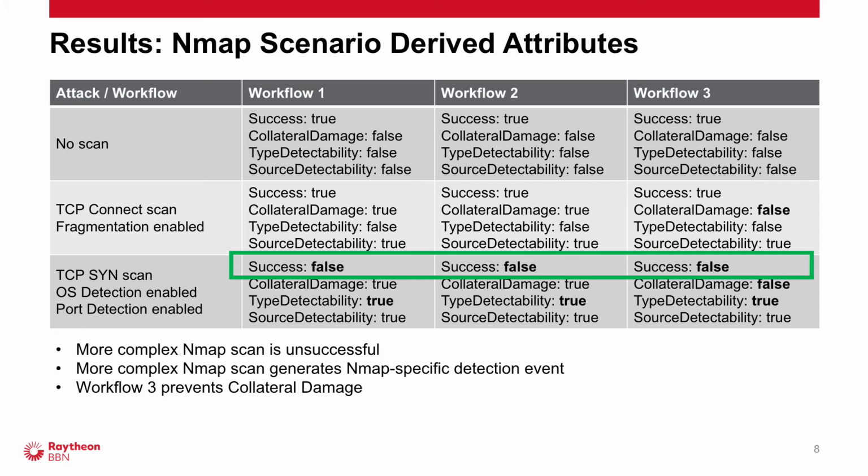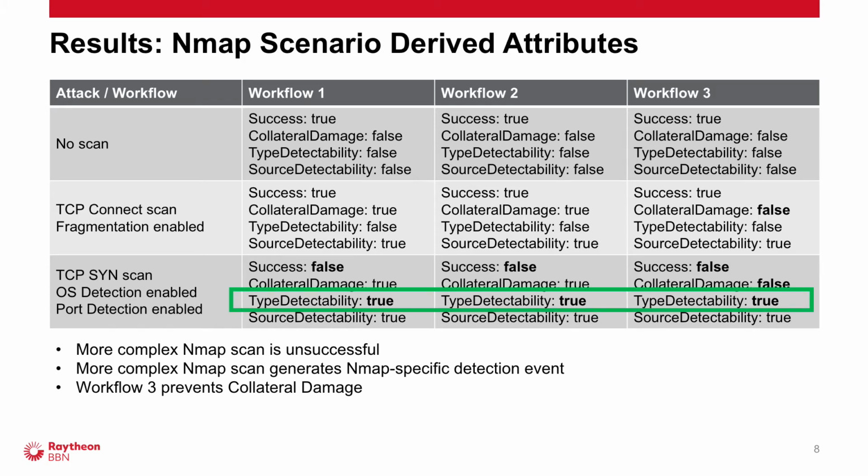We can also see that this same Nmap configuration generates an Nmap-specific detection event. By that we mean that the IDS, in this case Snort, is able to name specifically, hey, I am seeing an Nmap scan going on, rather than just saying, oh, I see some kind of port scan.